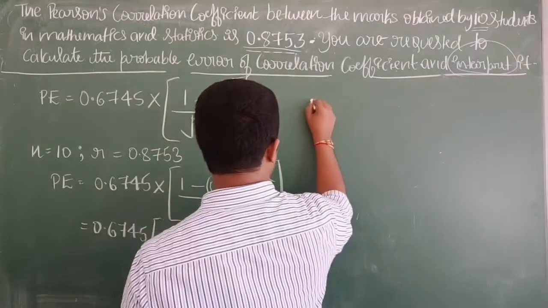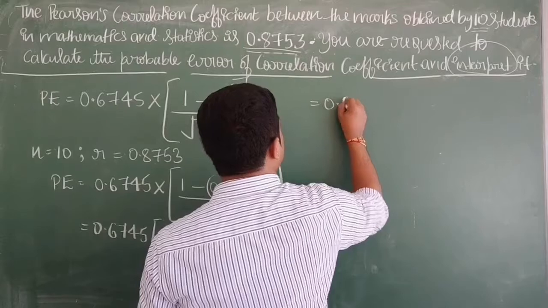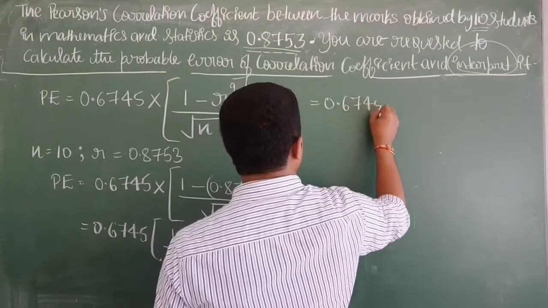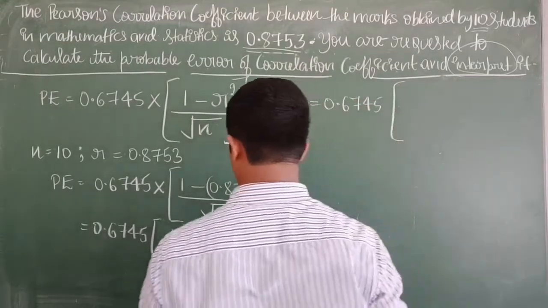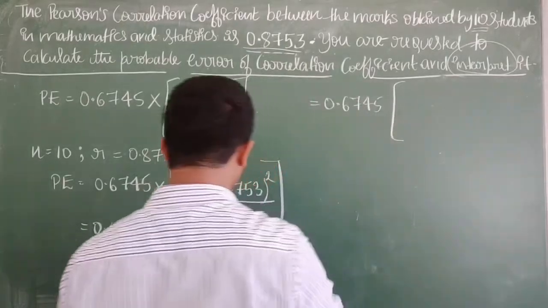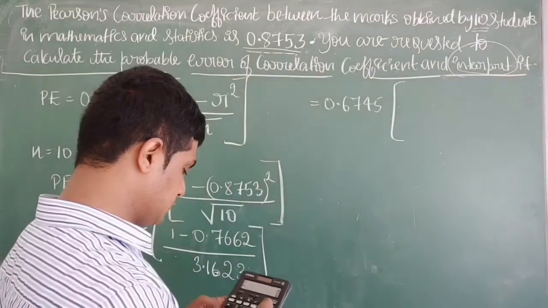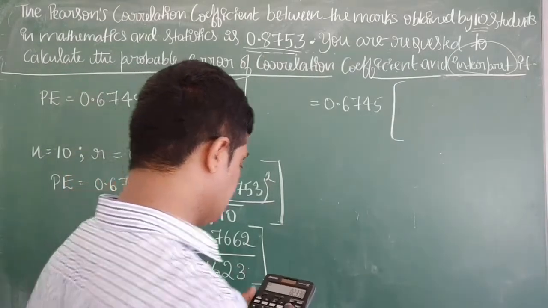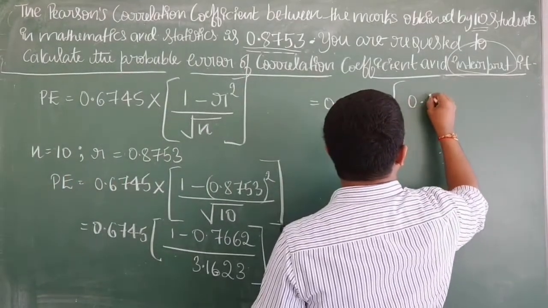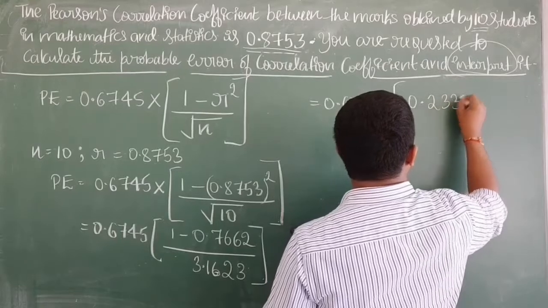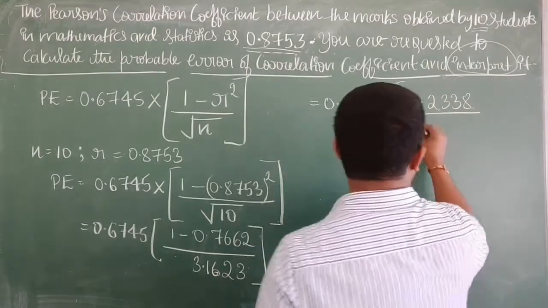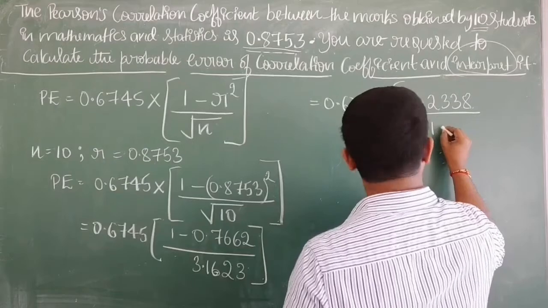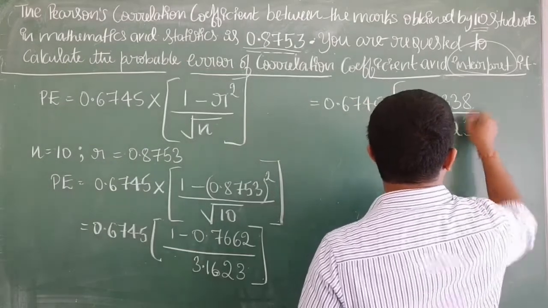Let me proceed with the calculation. 0.6745 into, within the square bracket, 1 minus 0.7662, which is 0.2338, divided by the denominator, which is the same, 3.1623.